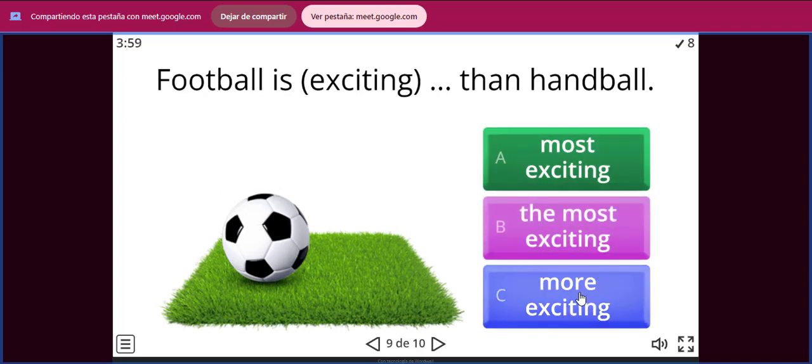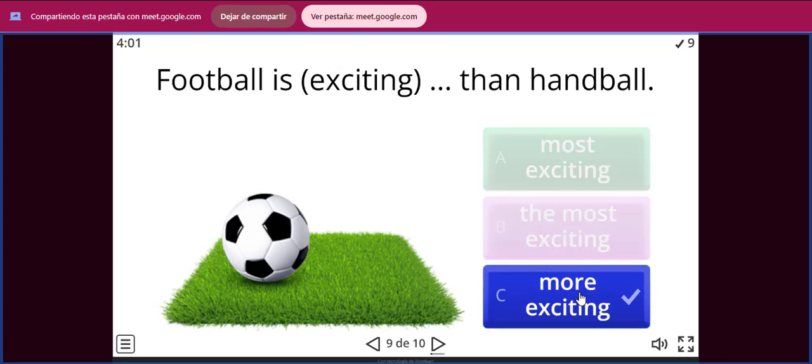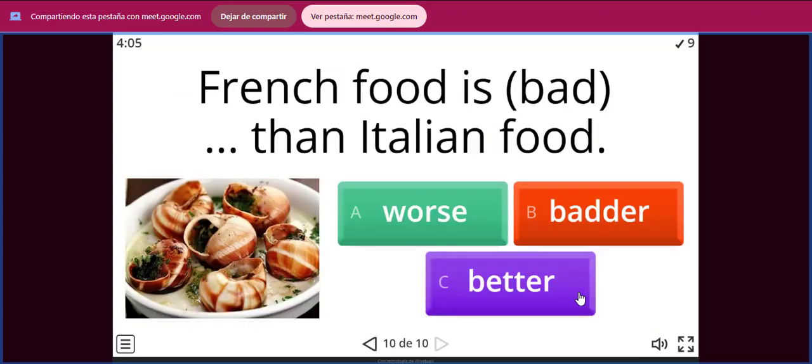More exciting. A comparative, a comparison. And the last one, French food is than Italian food. Worse. This was another of the irregular ones, so we'll say worse than Italian food.